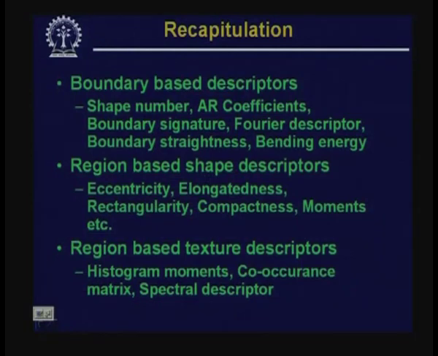Then we have seen a boundary signature, and we have said that this boundary signature is nothing but a one dimensional representation of a two dimensional boundary. There, what we have to do is get the centroid of the shape, and from the centroid we have to get the distance of different boundary points. And the boundary points have to be traced either in the clockwise direction or in the anti-clockwise direction.